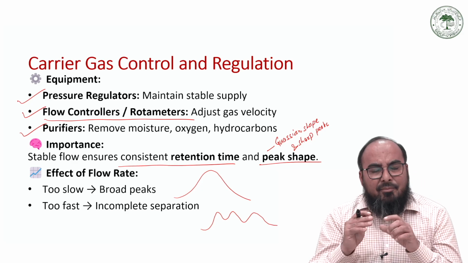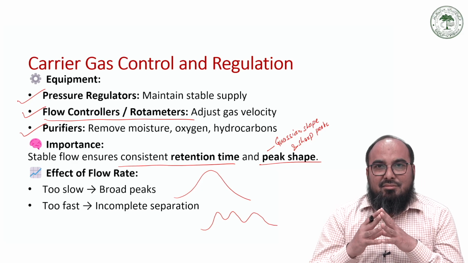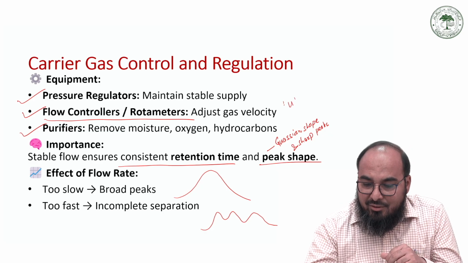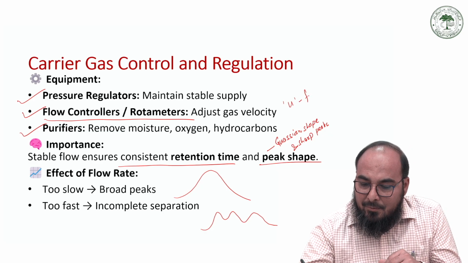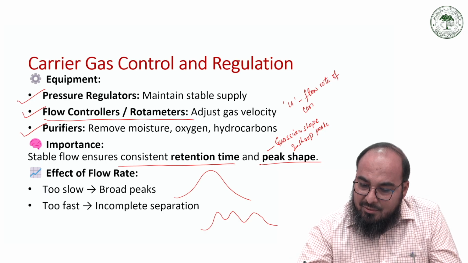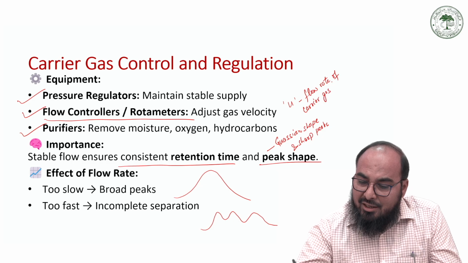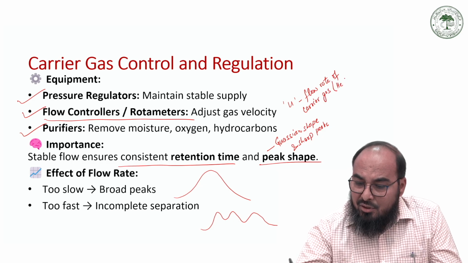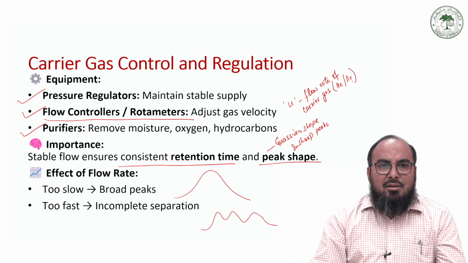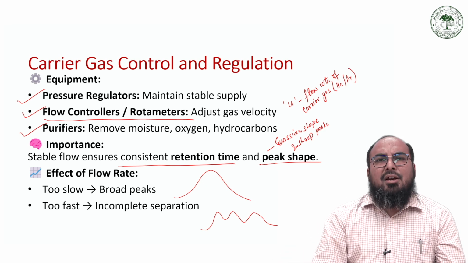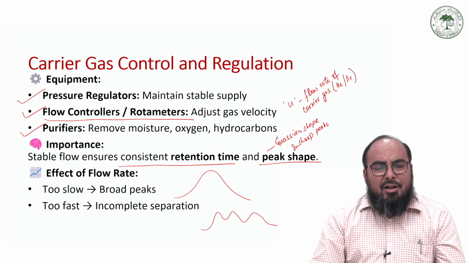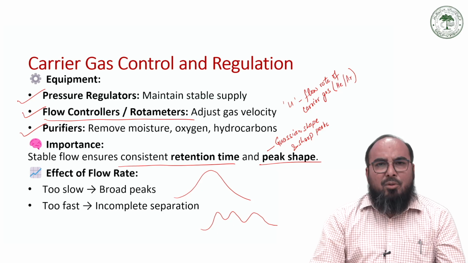So you have to maintain an optimum u, that is, the flow rate of the carrier gas, which is mainly helium or it may be argon. This regulation of carrier gas is important, because if your carrier gas is not regulated, then the efficiency will be compromised.